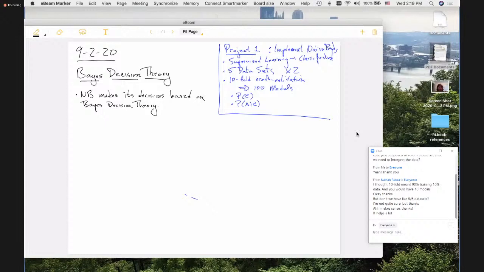And to do this, I'm going to restrict the discussion, at least for now, where I'm going to say, let's assume that we are trying to decide between 2 options.